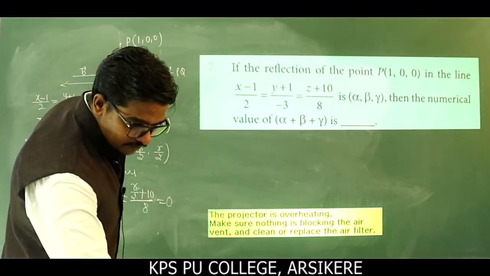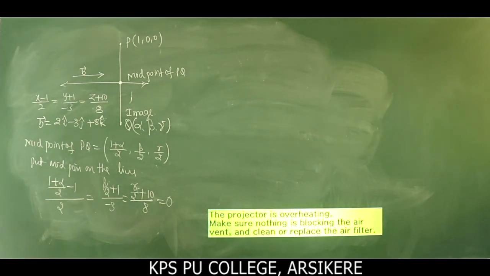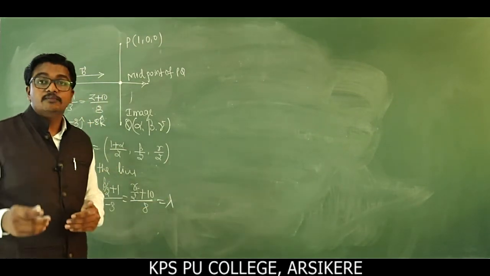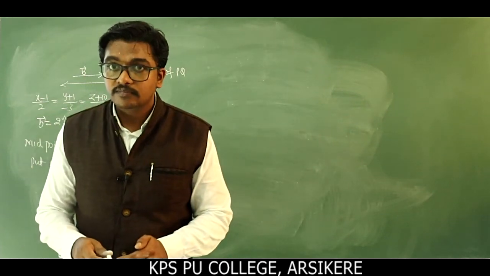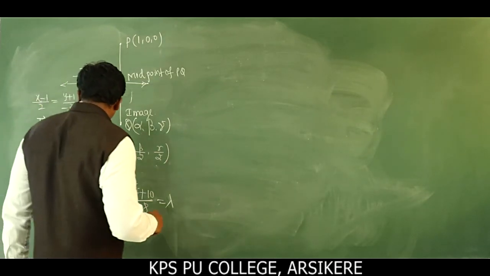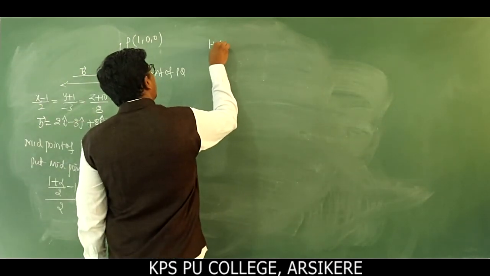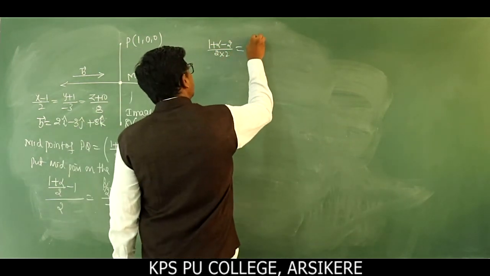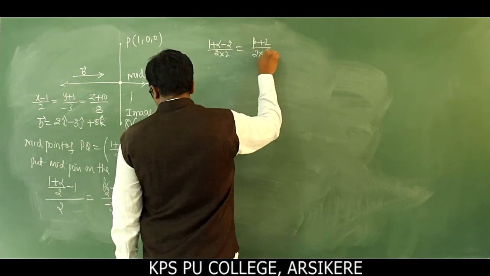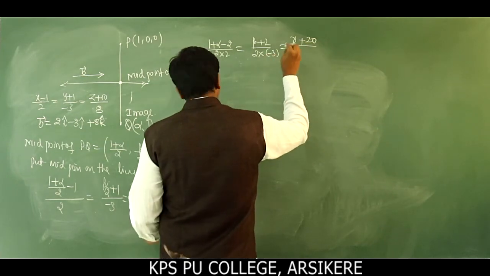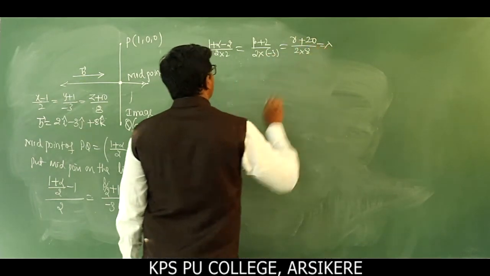Let us simplify. Using x minus x1 by a equals y minus y1 by b equals z minus z1 by c equals lambda, simplify the first term. Here 2 is the LCM. This becomes (1 plus alpha minus 2) divided by 2 into 2, equal to (beta plus 2) divided by 2 into minus 3, equal to (gamma plus 20) divided by 2 into 8, which is equal to lambda.